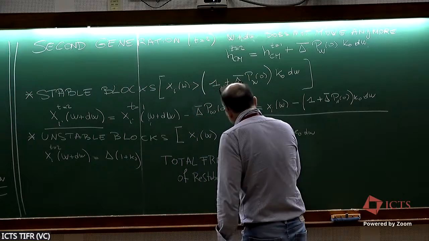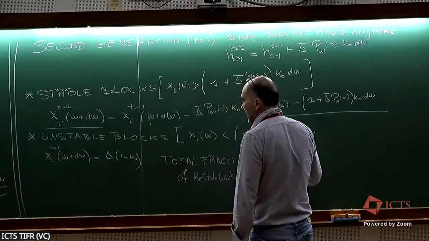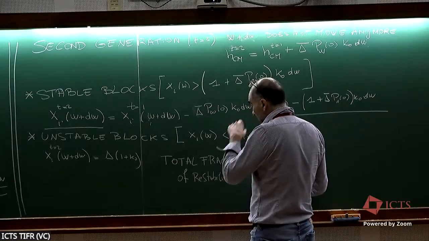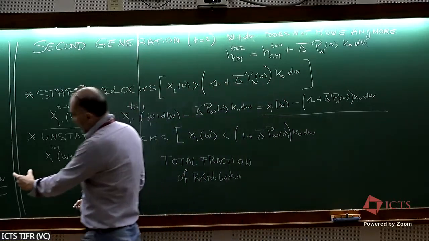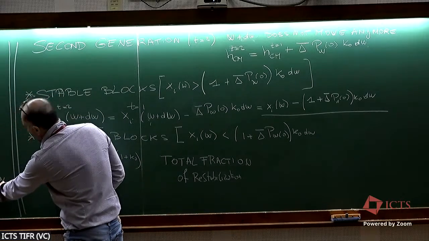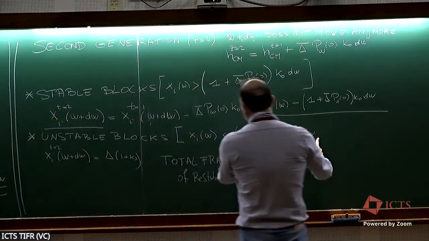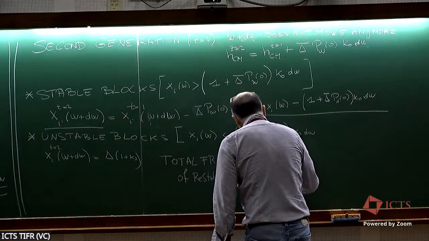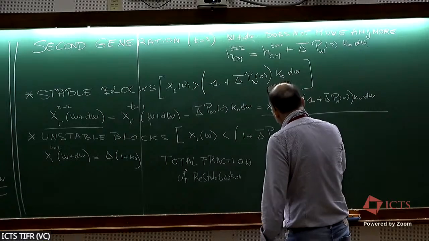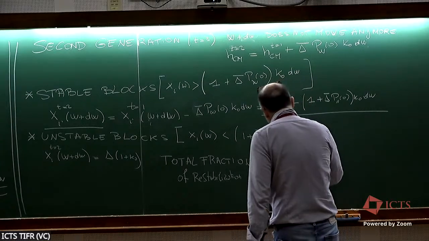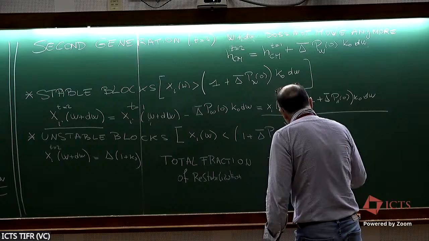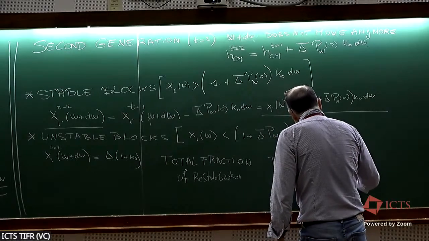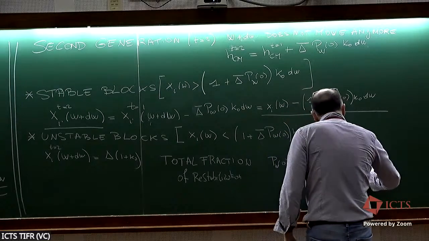It will be the same reasoning as before. So instead of doing this area, the area will be all of this. So it will be P0, which is the height of the function, times the length, which is 1 plus delta bar P(W0) K0 d delta.